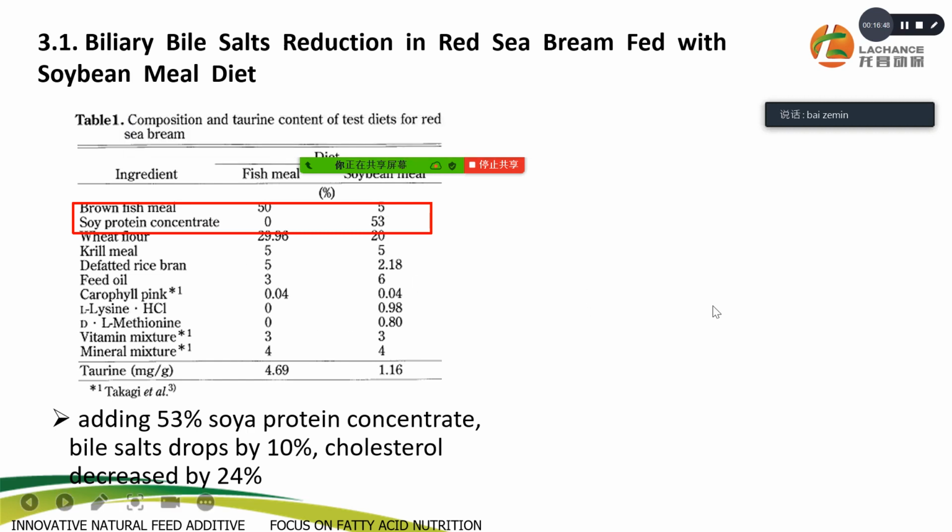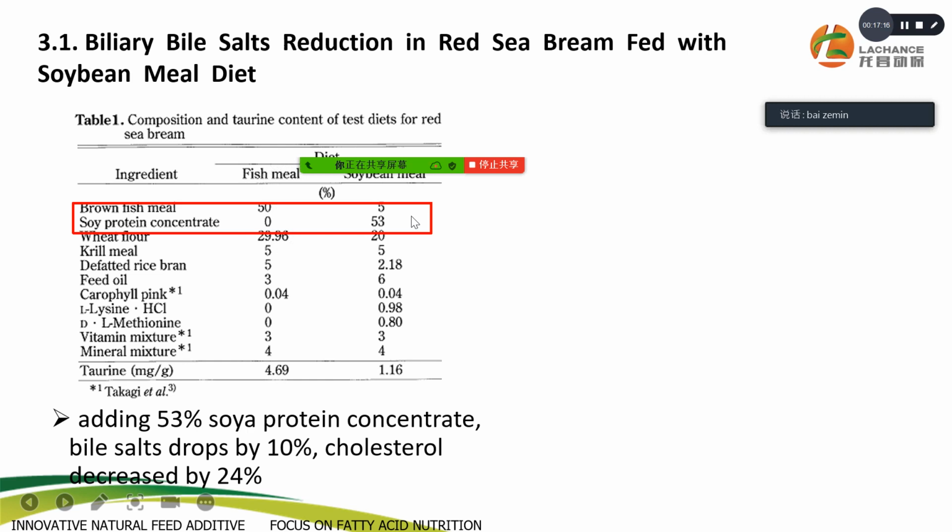Okay, the first is on sea bream fed with soybean meal. As we all know, in the aquaculture industry, many researchers and more companies are trying to replace fish meal with plant protein, especially soybean products like soya protein concentrate. For this trial, the control is totally fish meal.